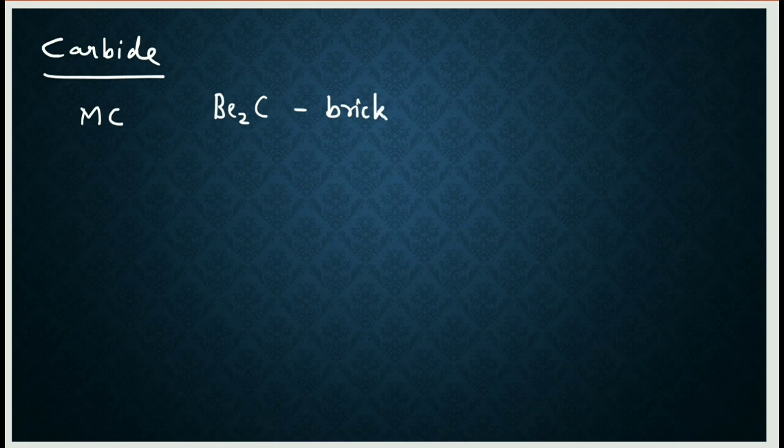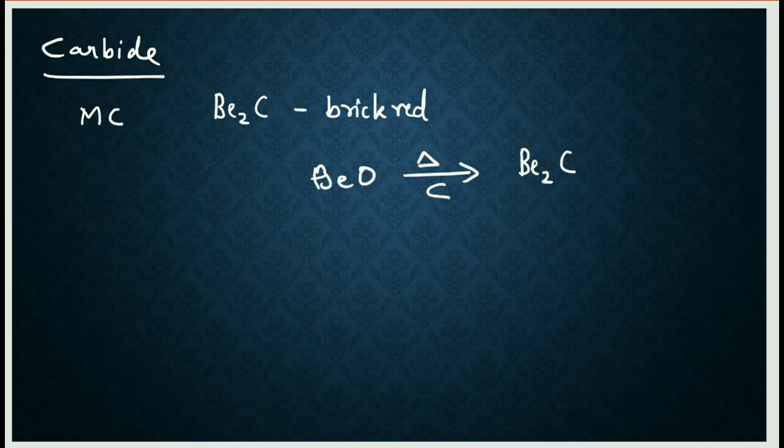BeO, beryllium oxide, is heated with carbon to form Be2C, beryllium carbide, and it is an ionic carbide. And magnesium, calcium, strontium, barium form carbides of formula MC2. In beryllium carbide, the formula is Be2C, that is M2C.